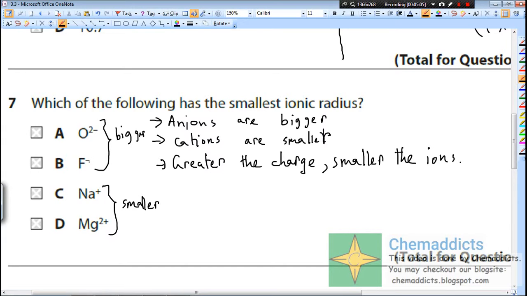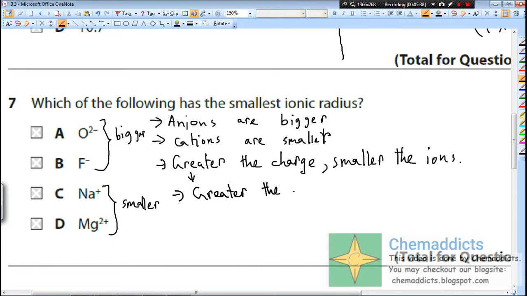Now we have come to know that the positively charged ions are smaller. So between them, which should be the smallest? Here is another point we need to know: greater the charge, smaller the ions. In between them, the greater positive charge would have smaller ions.